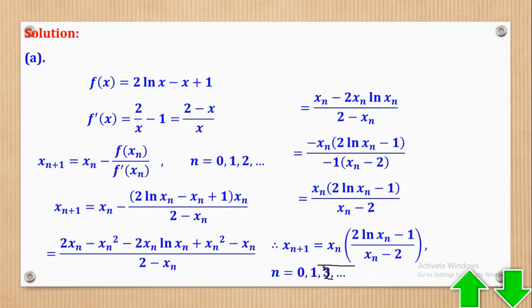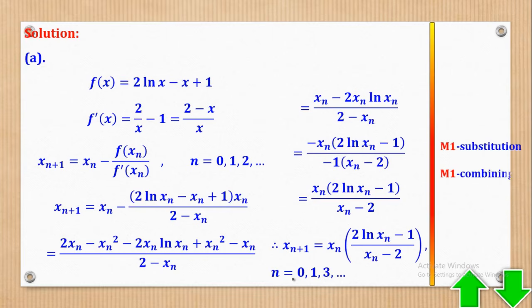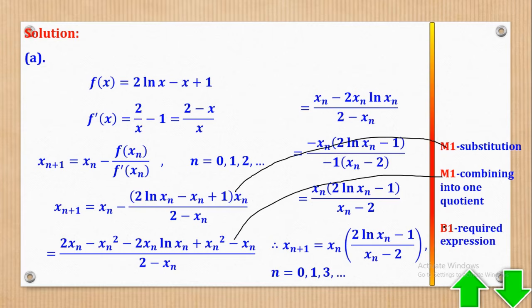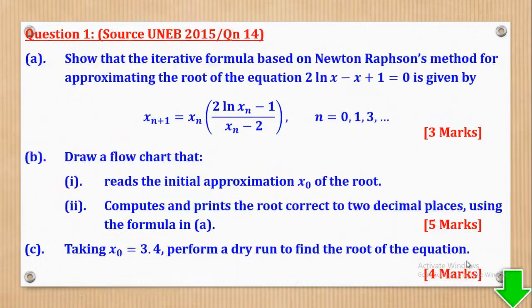Remember, this is 2, not 3. So M1 for substituting, M1 for combining to one quotient, B1 for the required expression. So that was part A.